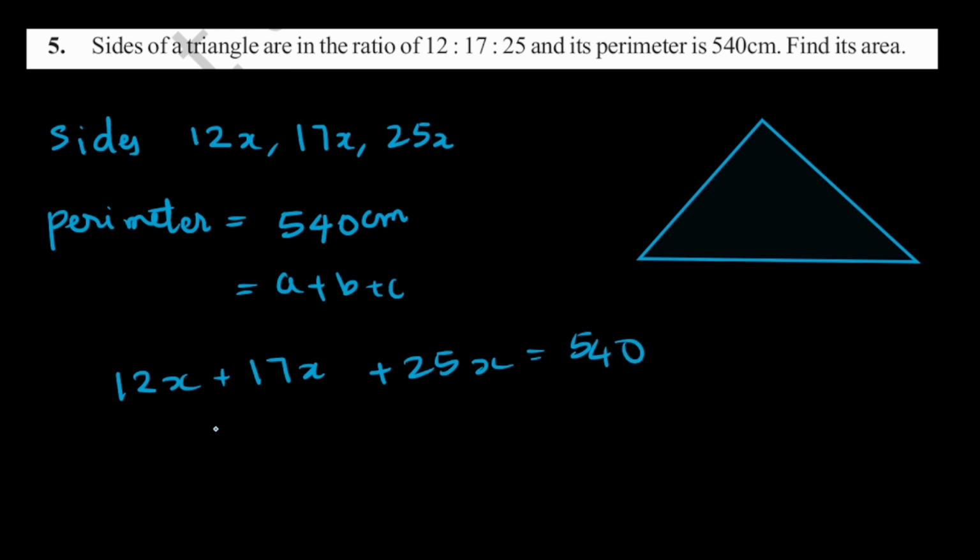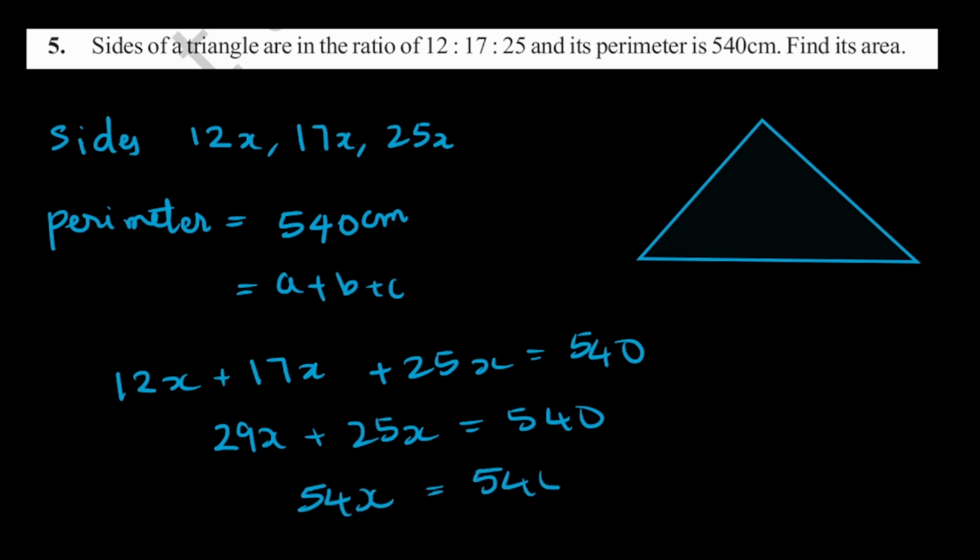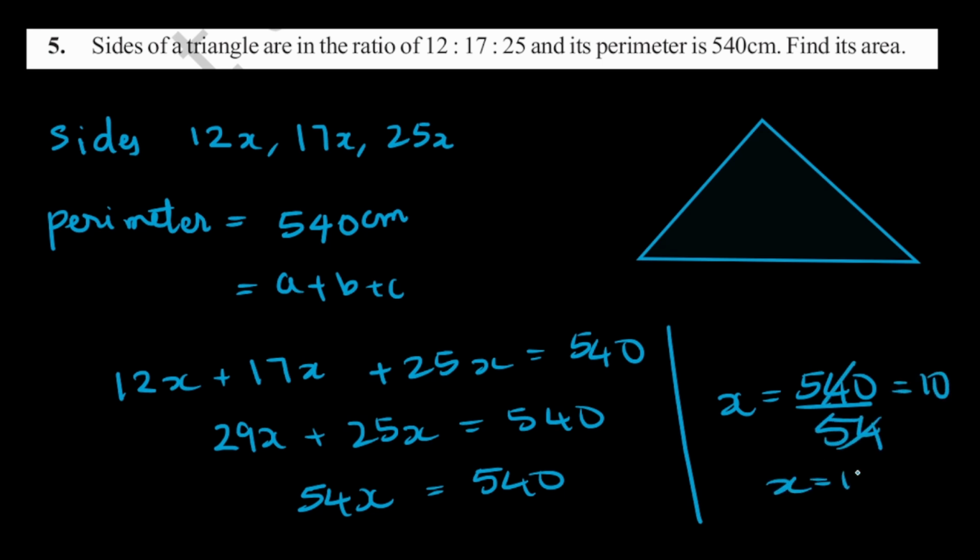Now if you add 12x plus 17x, you will get 29x, plus 25x is 54x, equals 540. So x equals 540 divided by 54, which you will get as 10. So x is 10. Okay.